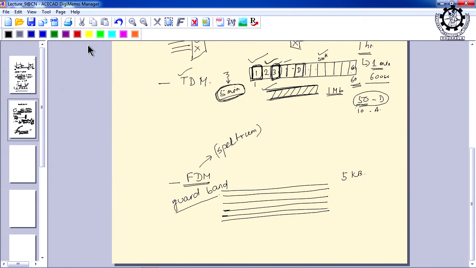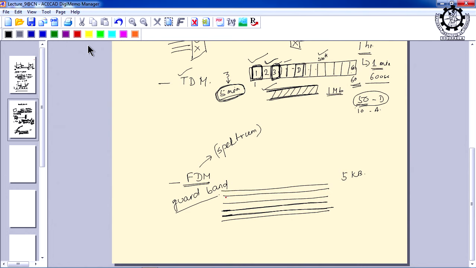Similarly, when the bands or the bandwidths or spectrums are generated out of the whole channel or whole spectrum available, all these spectrums are separated with another kind of small signals called the guard bands. They also occupy some small space or bandwidth, right.